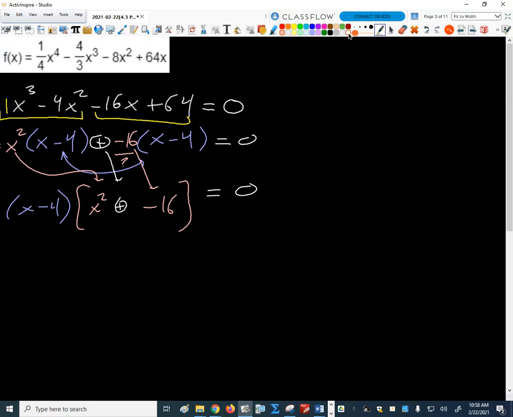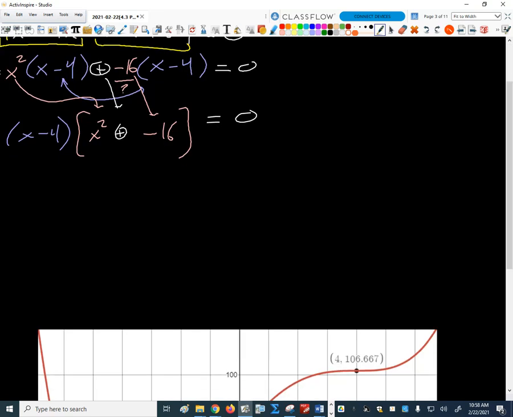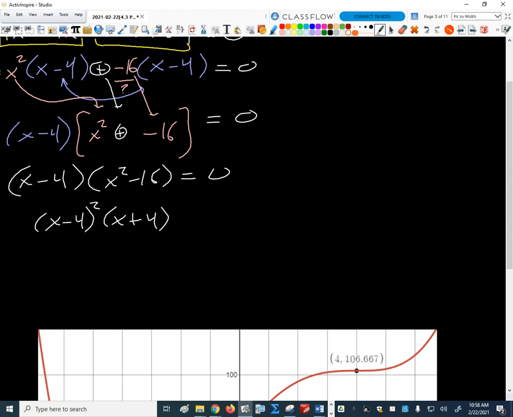And so this thing, we can see it factors into x minus 4, and then I could factor my x squared minus 16. That's just a difference of squares, right? So I could split that, and I end up with x minus 4 squared times x plus 4.